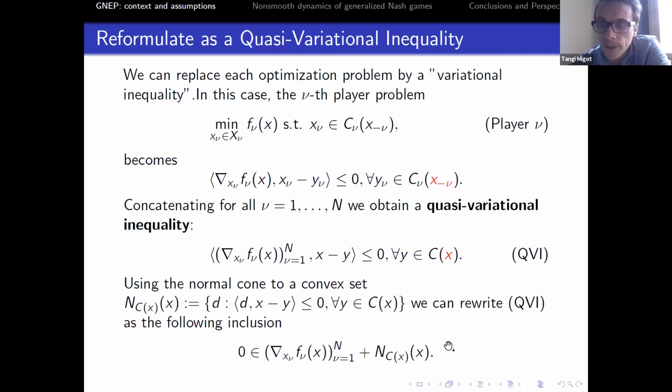That's the minus concatenation of the gradients belong to the normal cone of C of x at x. So my C of x is really the product set of the C nu. Okay, so the product of all the constraint sets.